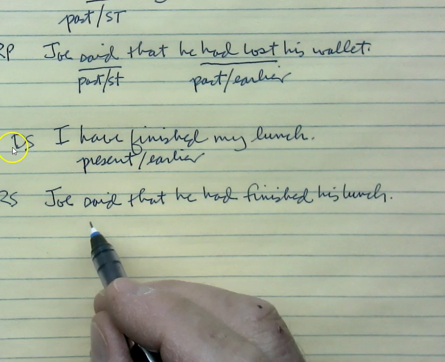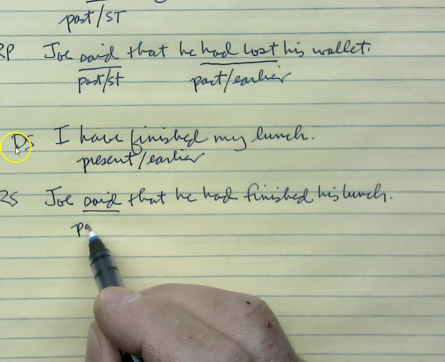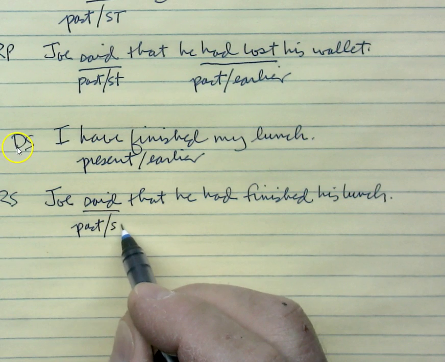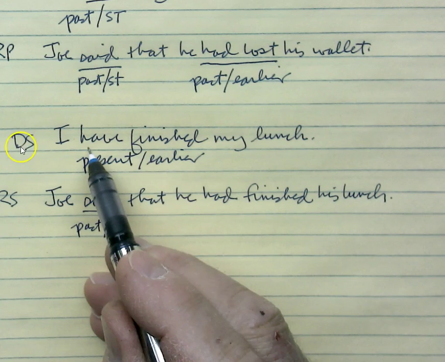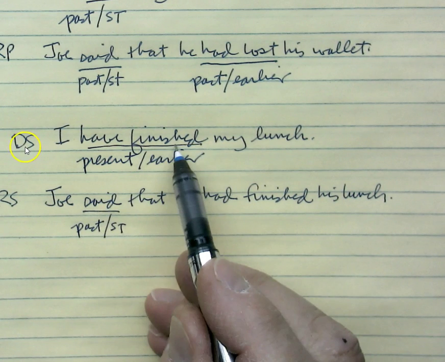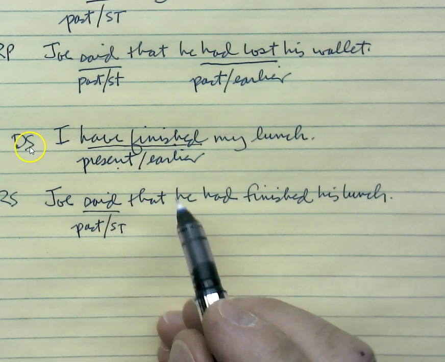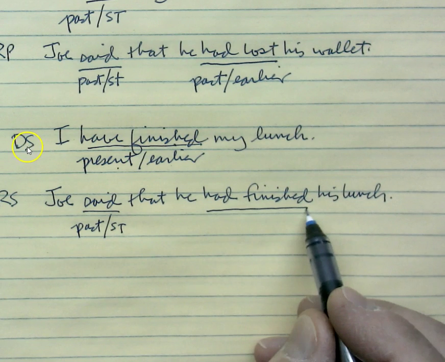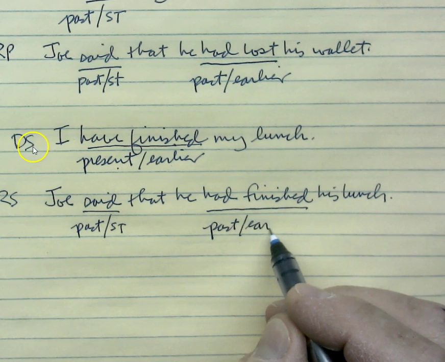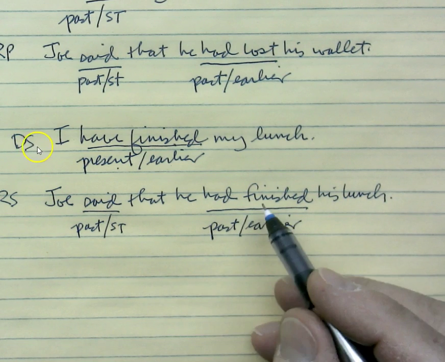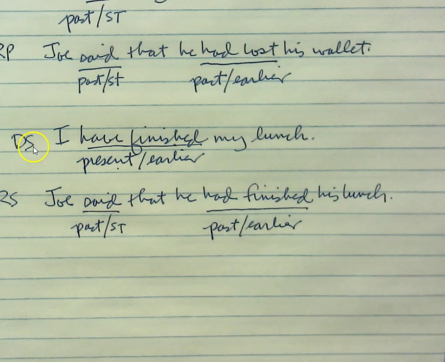So we see that the reporting verb is the past, same time, and from the direct speech, present earlier, the reported speech becomes past earlier. It's been back-shifted or pushed back into an earlier tense.